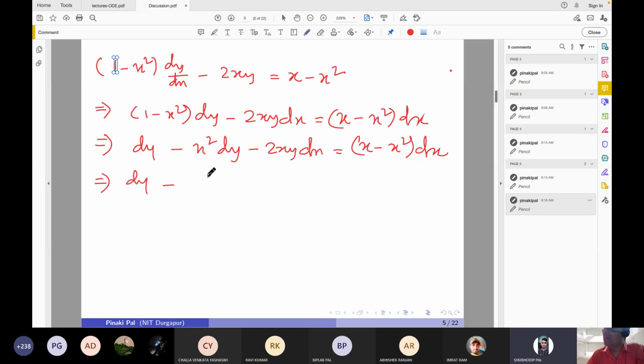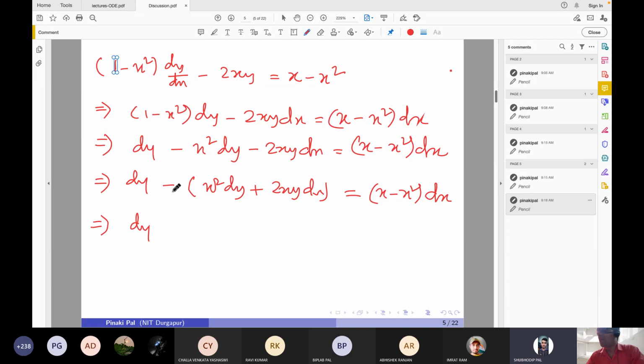dy minus this part you can write x square dy plus 2xy dx. This is equal to (x minus x square) dx. On the left this is equal to dy. The right side we don't have any problem if we integrate. Then let us see, x square y, d of x square y. So now everything is a perfect differential.